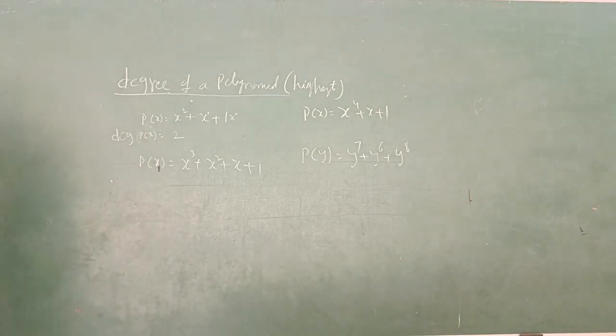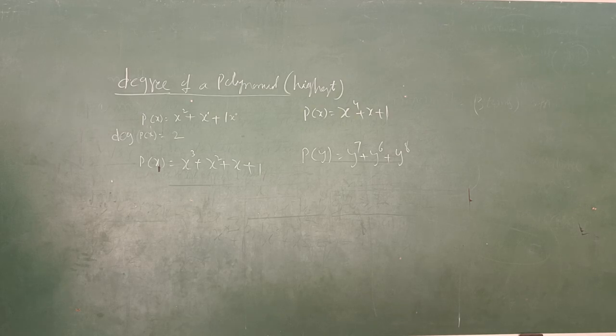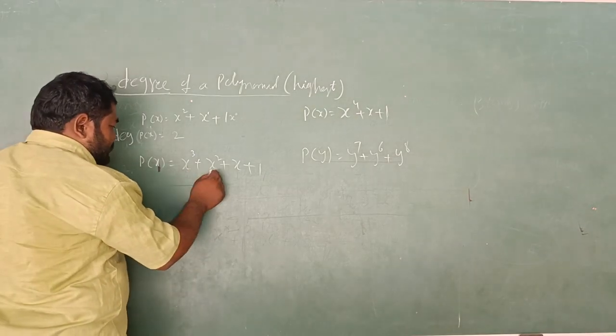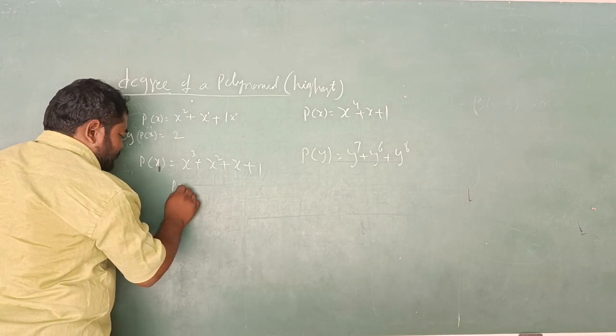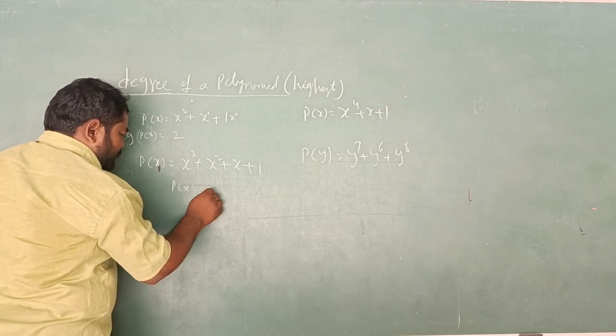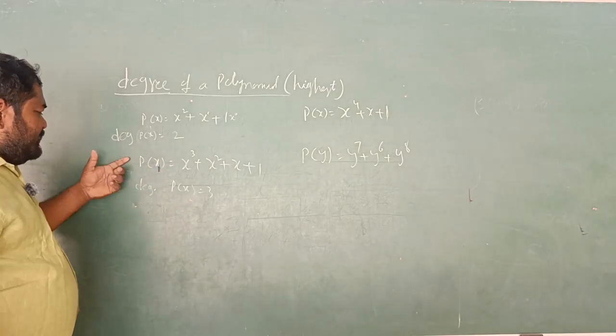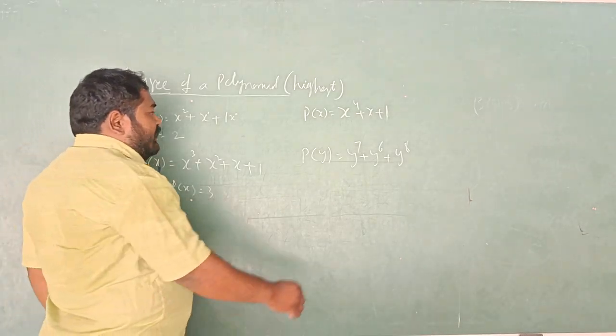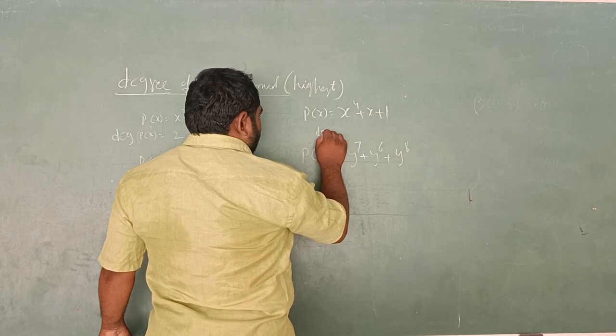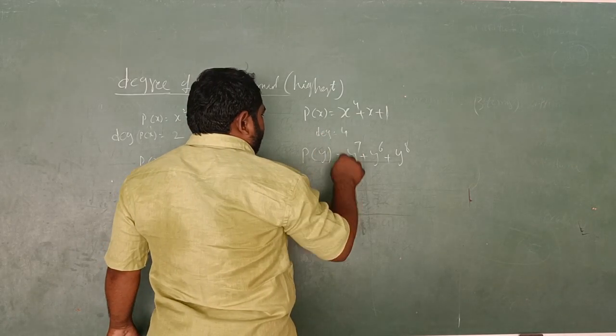We write degree of p of x equal to 2. Here the highest power of this polynomial is 3. Therefore, degree of p of x in this case is 3. Here the highest power is 4, degree equal to 4.